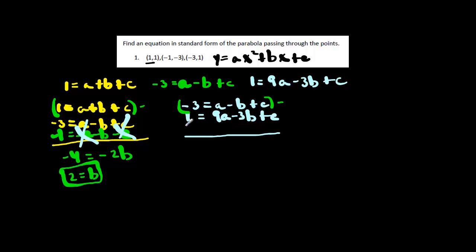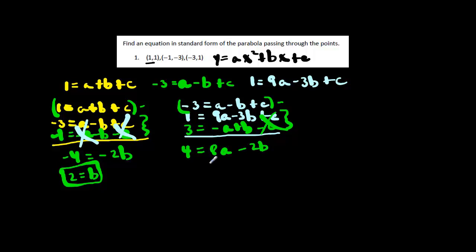So if I multiply the top by a negative, I'll have 3 equals -a plus b minus c. This was my new before. These cancel, so I'm going to have 4 equals 8a minus 2b.